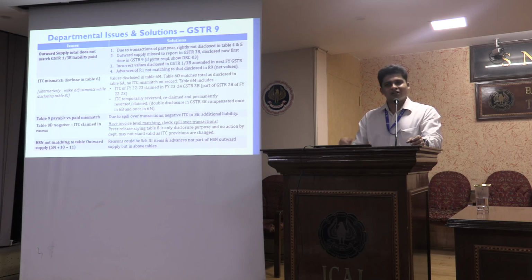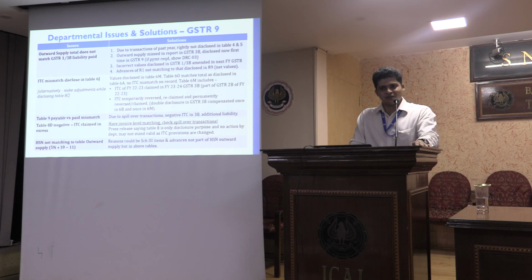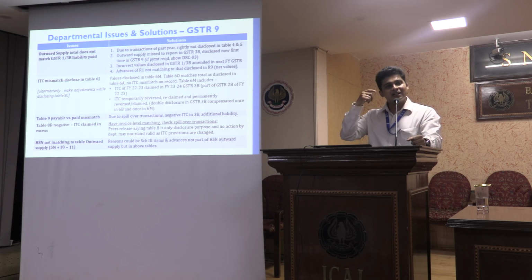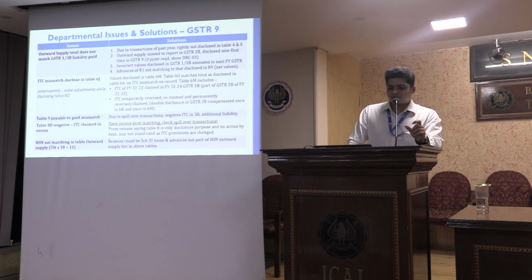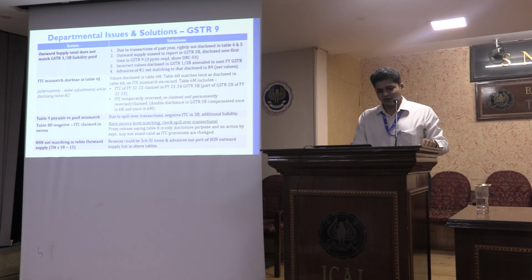Net value, whether it's positive or negative, we can put it in 4F. 4F accepts negative values also. So to this extent, there could be a situation where the understanding was incorrect. They disclosed only advances that were received during the year, even though invoices were raised, leading to a mismatch in the data between GSTR 9 and GSTR 1. So please keep in mind how the disclosure has been made in GSTR 9 for the purpose of responding to the department.